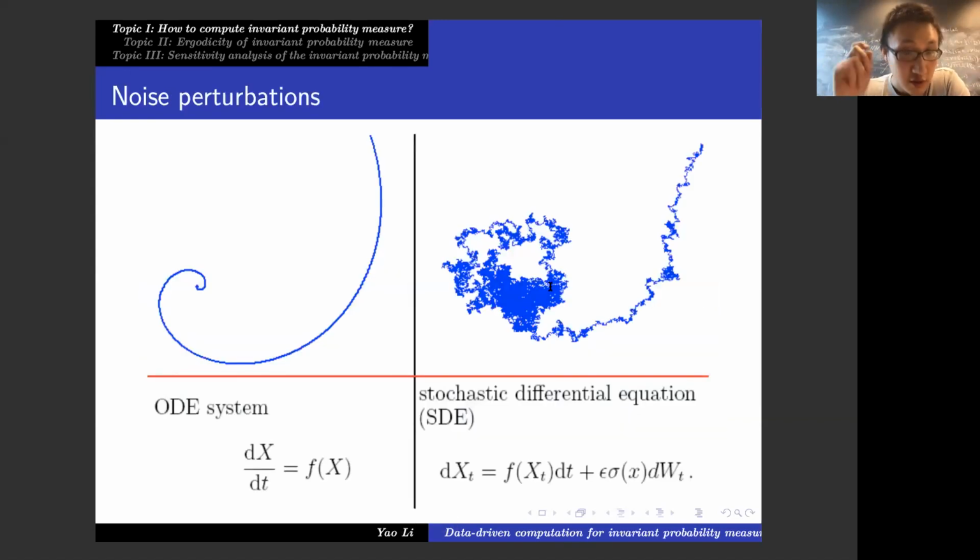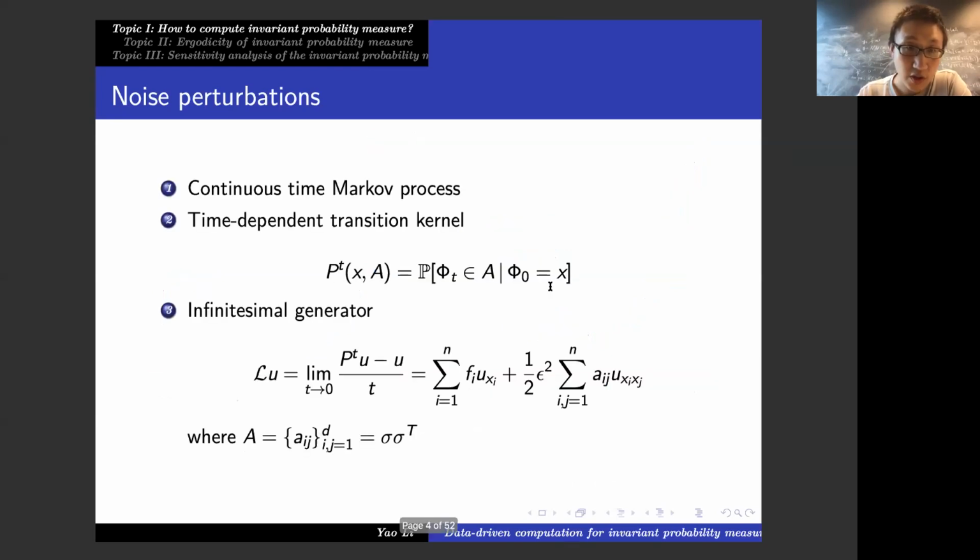So let me start from the very basic thing. If you have some ordinary differential equation, and today let's just talk about finite dimensional problems, and we add some noise into it, just some white noise, not any fancy thing like color noise, just a simple white noise perturbation, then we all know it gives us a continuous time Markov process.